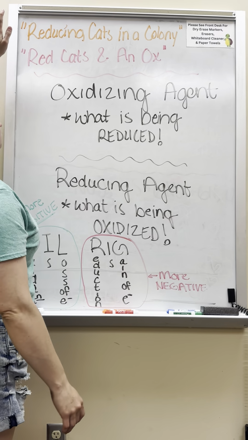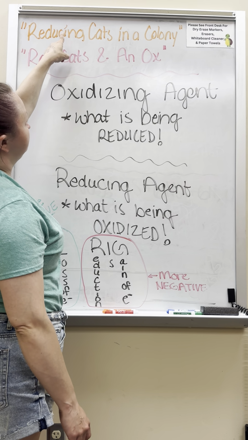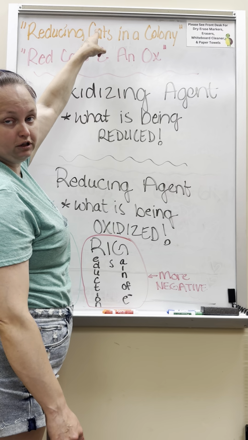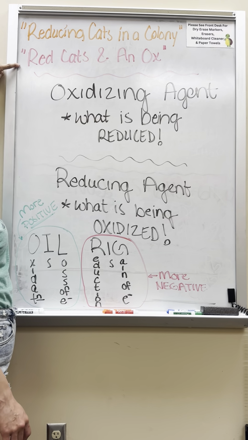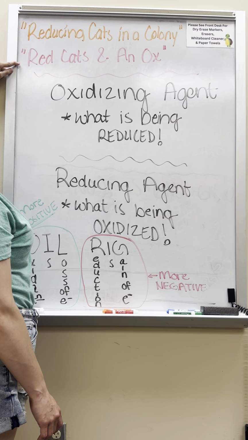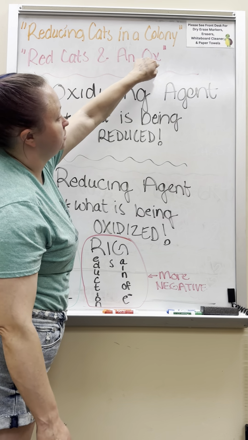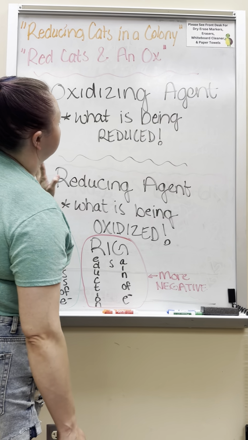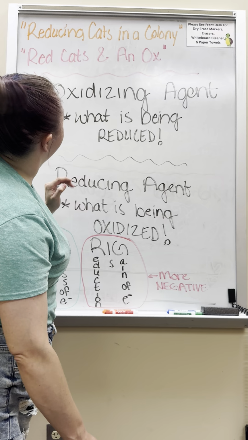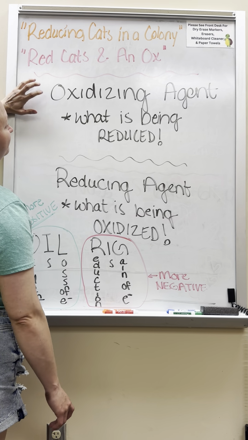Well, reducing cats in a colony, reducing cats, reduction cathodes, or red cat and an ox. Reducing cathodes, anodes, oxidation. It's one way to remember it, okay? You can thank AI for that.